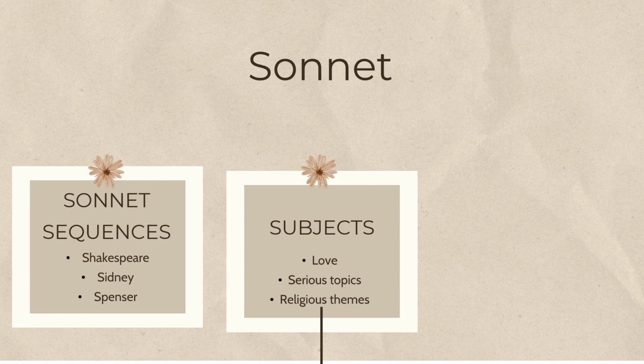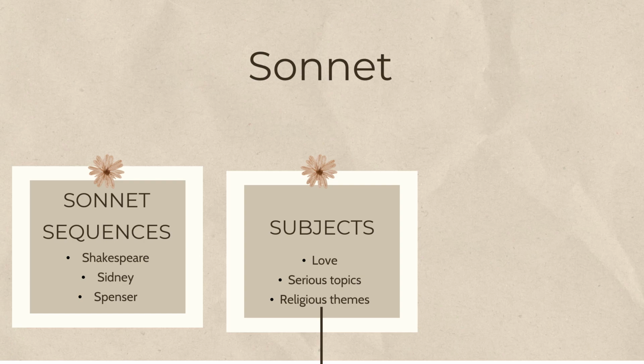And there would also be other themes like aging, time, etc. The poets or sonneteers like John Donne used to write sonnets on religious themes. And if we have a look at Milton, he used the sonnet form to talk about matters of more serious concern, philosophical matters.